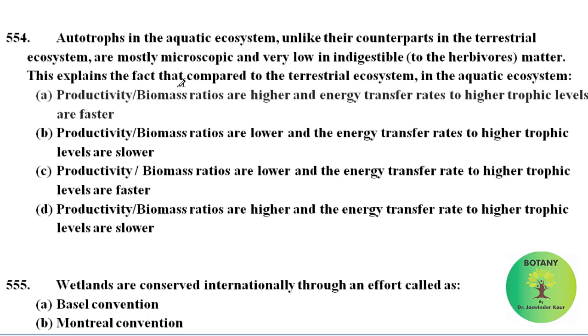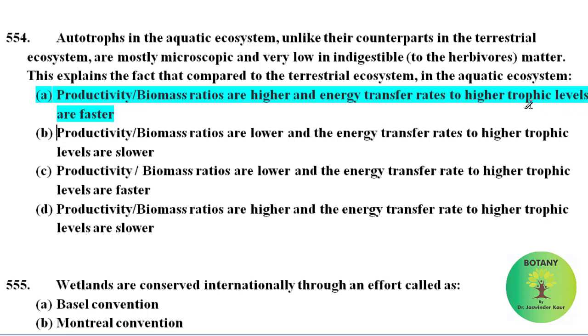This explains the fact that compared to the terrestrial ecosystem, in the aquatic ecosystem the productivity biomass ratio is higher and the energy transfer rate to higher trophic levels is faster.